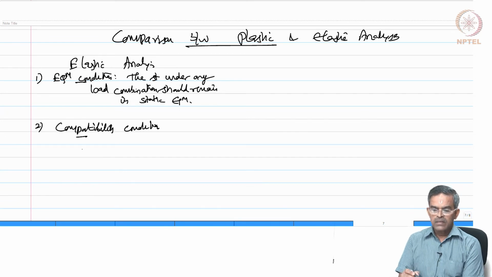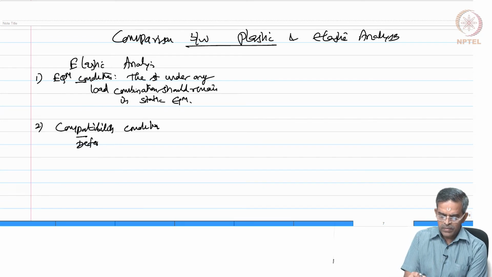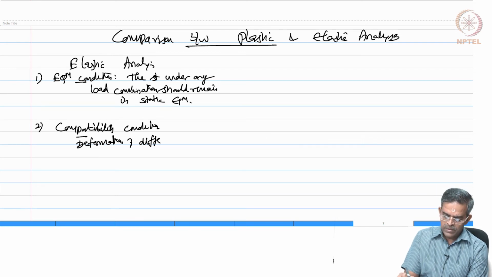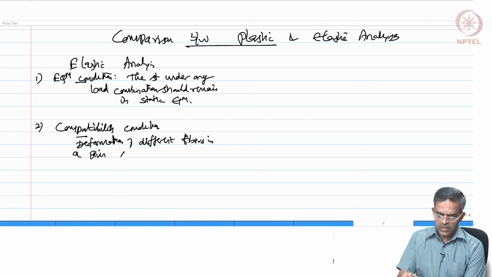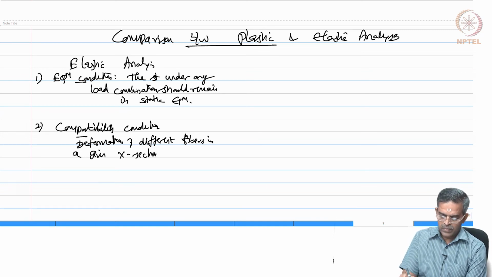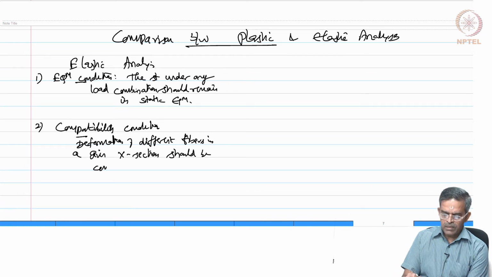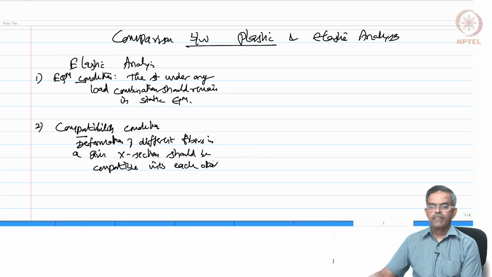Which states that deformation of different fibers in a given cross section should be compatible with each other to deform freely.